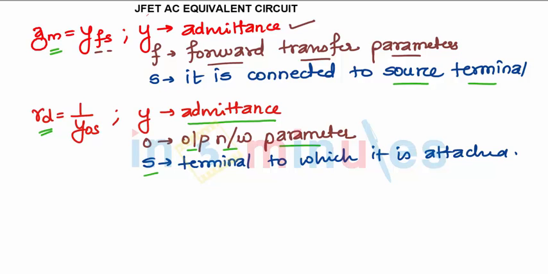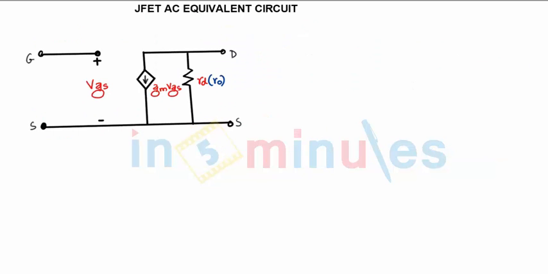Now how do we draw the AC equivalent circuit? For the AC equivalent circuit, the output current GM into VGS is dependent on the voltage VGS. So we can say the voltage between the gate and source controls the current between drain and source. Here we are multiplying with VGS.